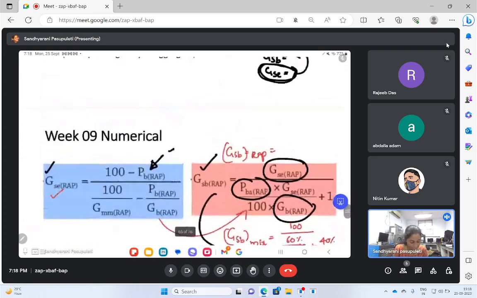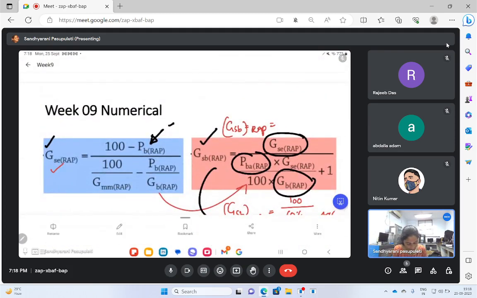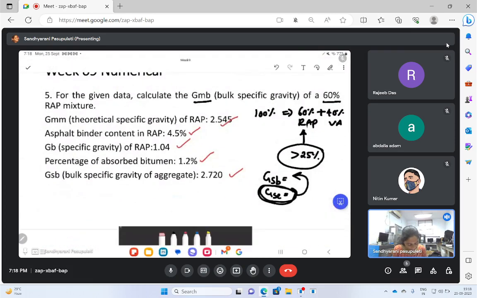Let us say the RAP percentage is not 60%. If in the question the RAP percentage is only 10% or 20%, then how do we calculate the GSB? First we will calculate the GSE based on the formula. Whatever GSE we have calculated, we will take that as the GSB.